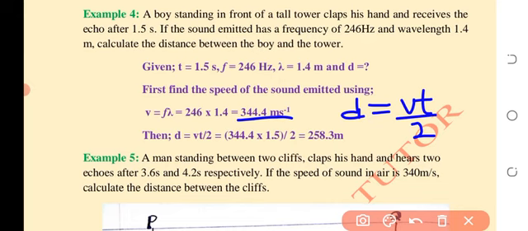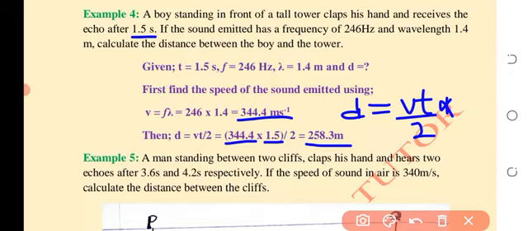Substituting v and our t, which is 1.5 seconds, we arrive at 258.3 meters as the distance between the tower and the boy producing the sound.